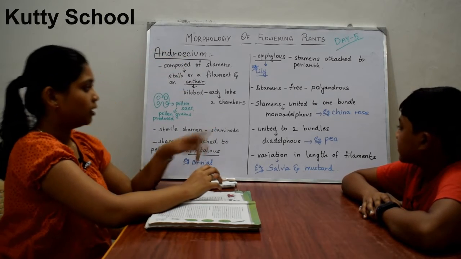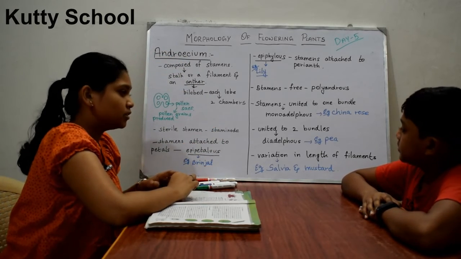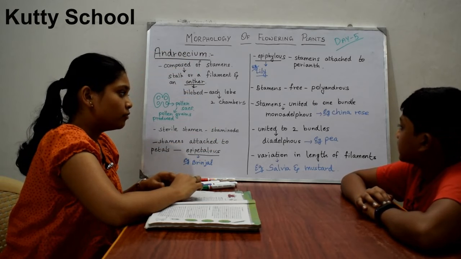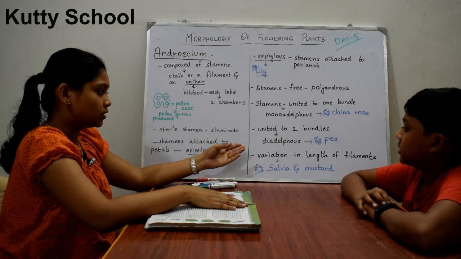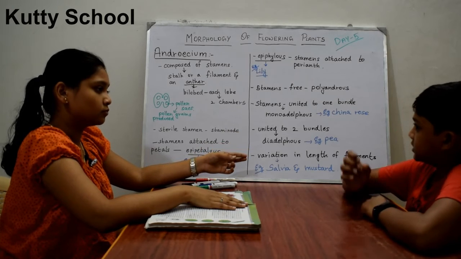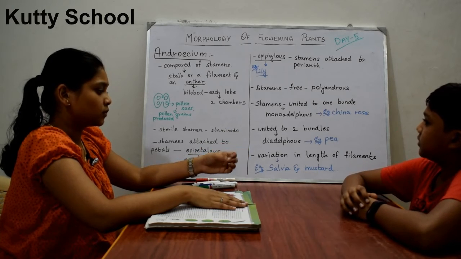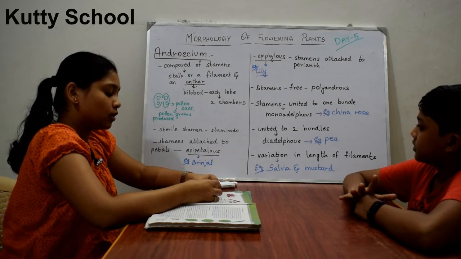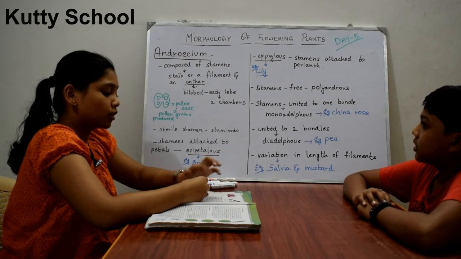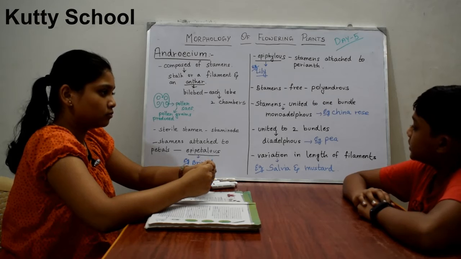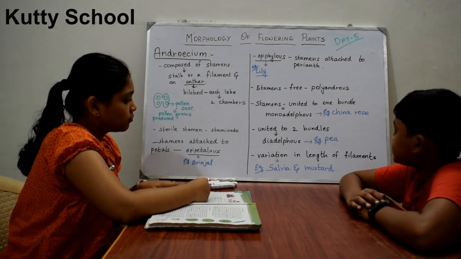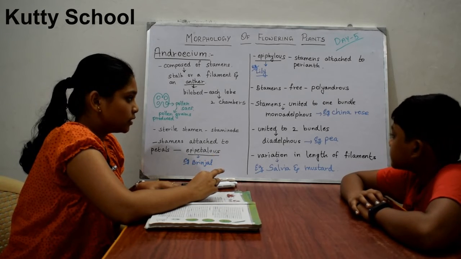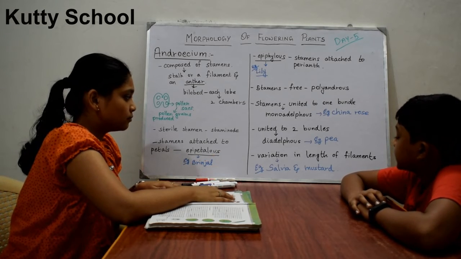It will be united into one bundle. Example, China rose. And if it is united into 2 bundles, it is known as diadelphous. An example is pea. So that many stamens will be there in a flower.